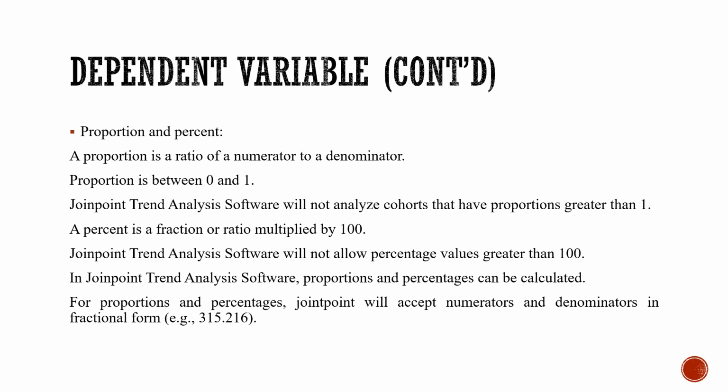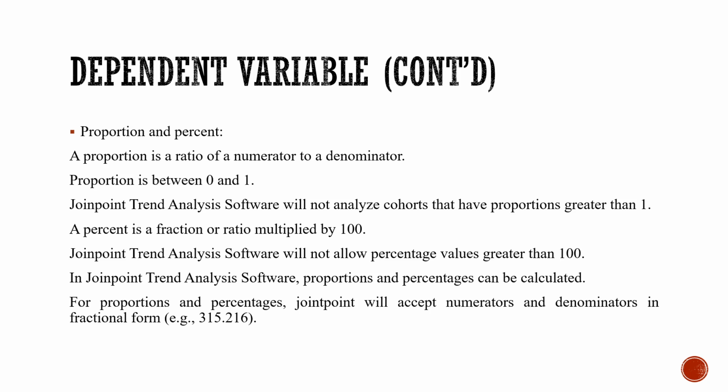A proportion is a ratio of a numerator to a denominator, which is between 0 and 1, and it cannot get higher than 1, while a percent is a fraction or a ratio multiplied by 100.